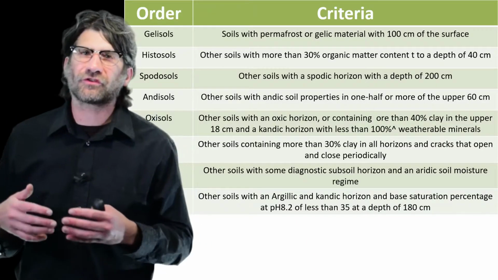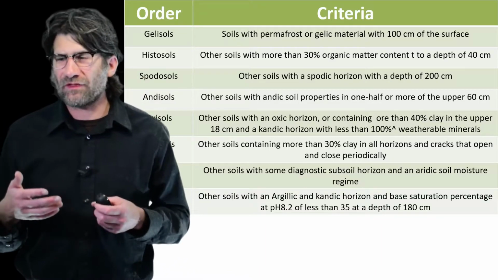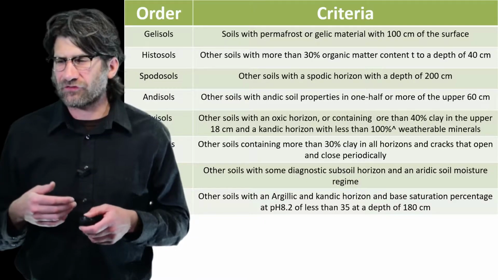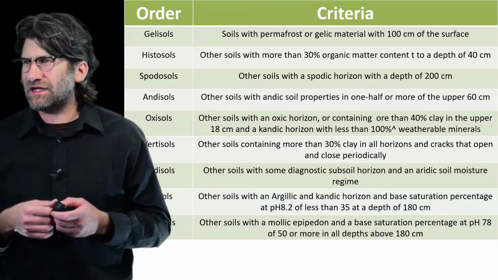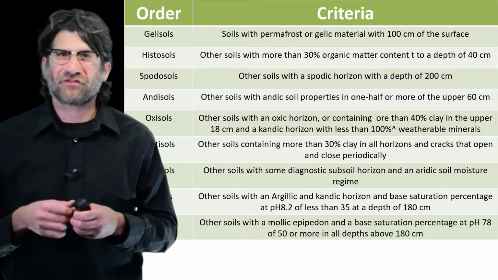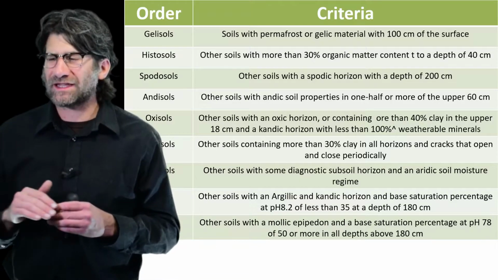Ultisols are humid region soils where we have significant amounts of weathering and generally drive these to be fairly acidic soils. After that, we're going to have mollisols. Mollisols are our big grassland, big A horizon soils. So they're going to have a mollic epipedon.